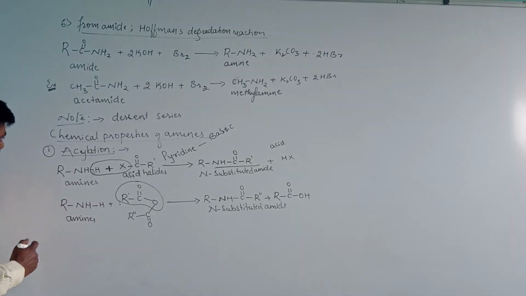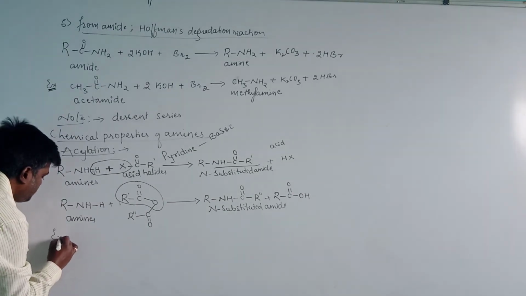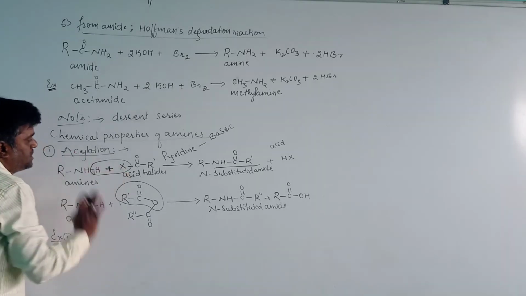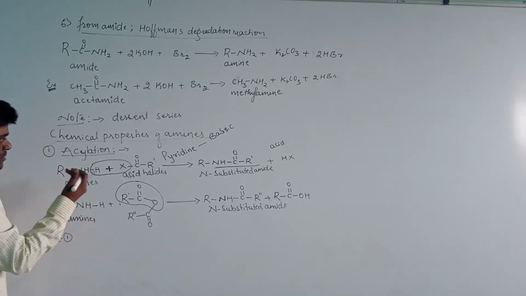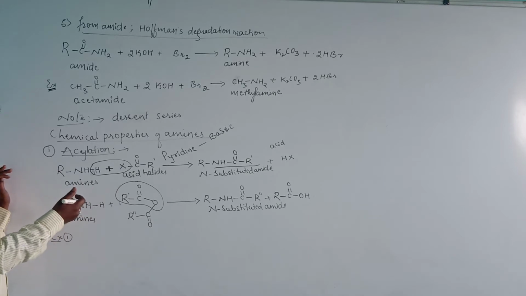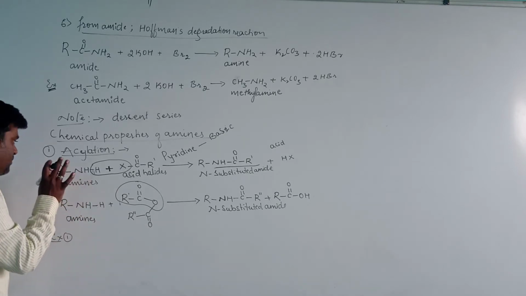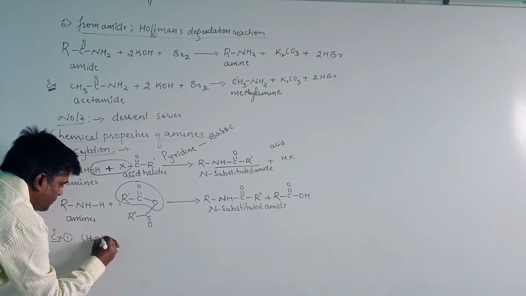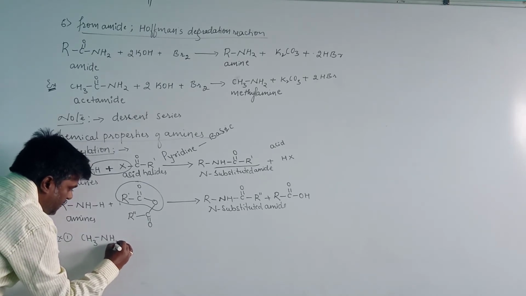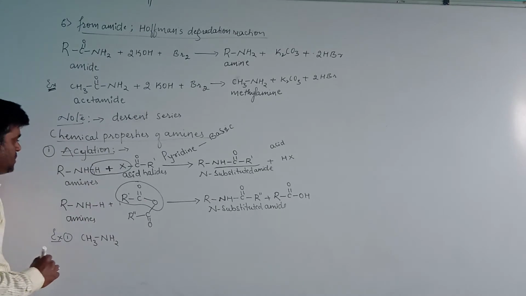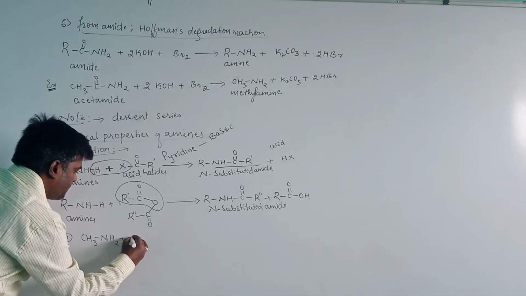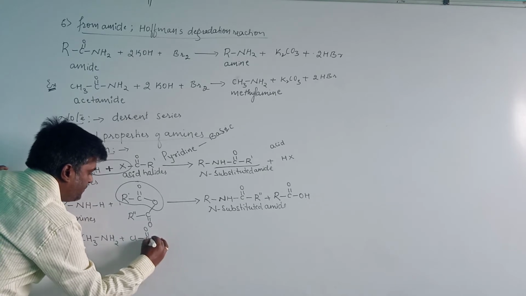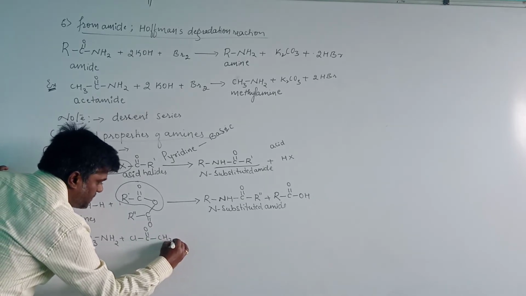Then let us use some examples here. Example first one. In the place of the halogen, we will consider any halogen here: chlorine, bromine, iodine. We will consider the first, chlorine, here. CH3 NH2 plus Cl C double bond O CH3.